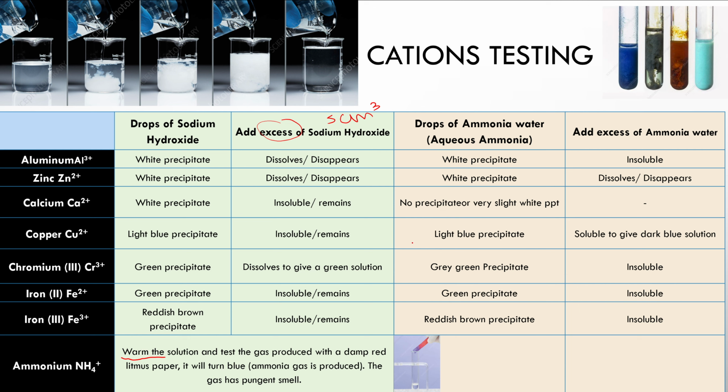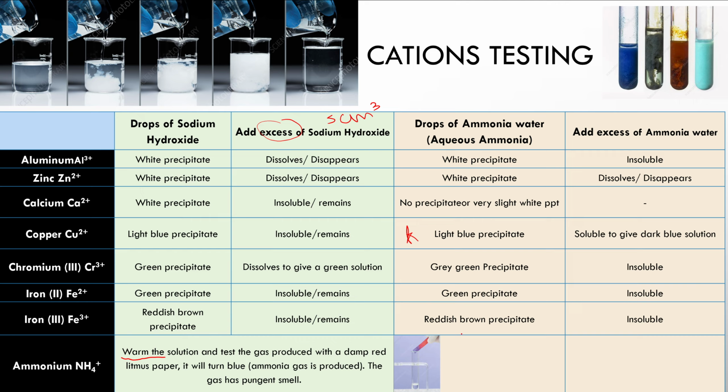The test of copper, on the other hand, is really unique because in the beginning, it gives me light blue precipitate. When you add excess, the precipitate will dissolve and give me a dark blue solution, such a very colorful solution. Chromium 3 and iron 2, I apologize, are going to give me green precipitate insoluble in excess.